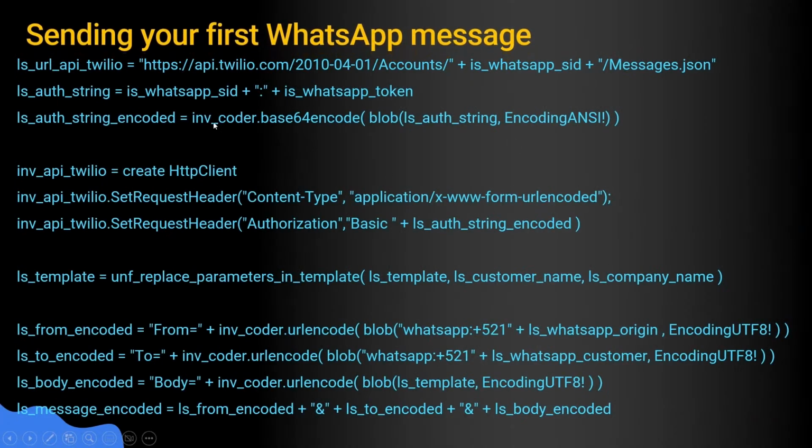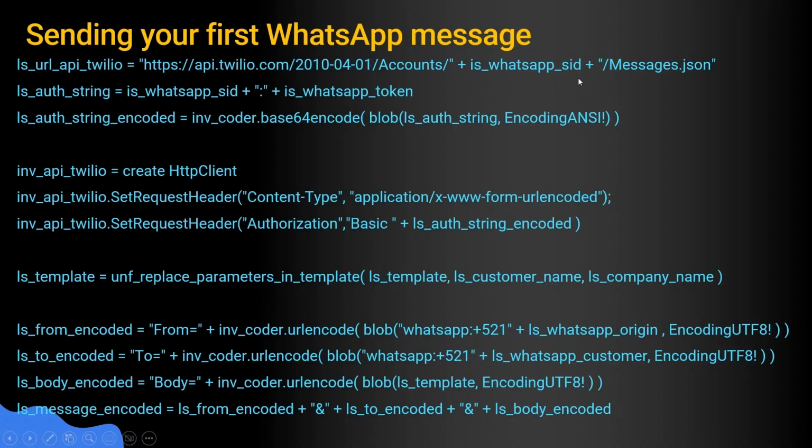Okay, the first thing to do is sending your first WhatsApp message. In order to send your WhatsApp message, you need to call the URL of your API that Twilio is providing. So here's the URL of the API, and then you need to provide the WhatsApp ID.